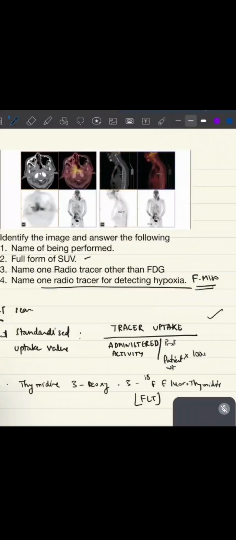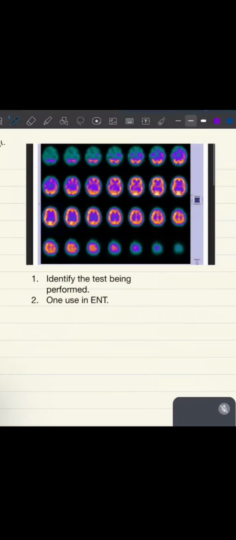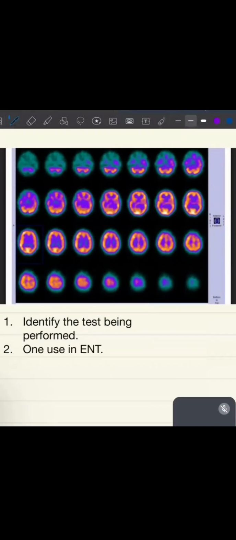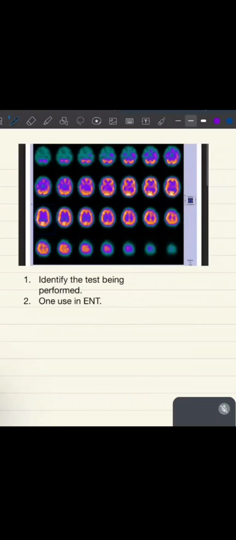Okay, now coming over here. Can somebody help me with this? What is this? This is SPECT. Even the acronym is important. They can ask you what is the full form of SPECT.